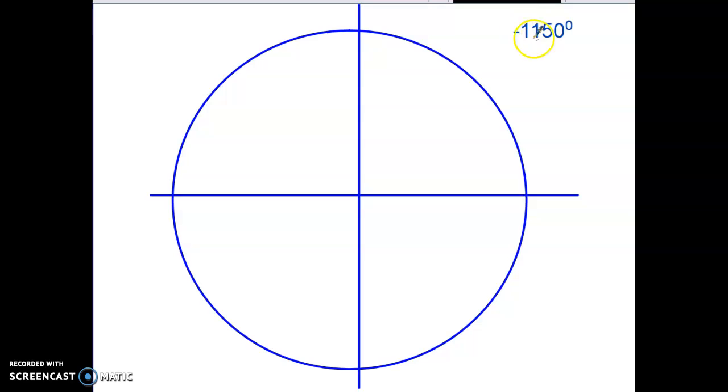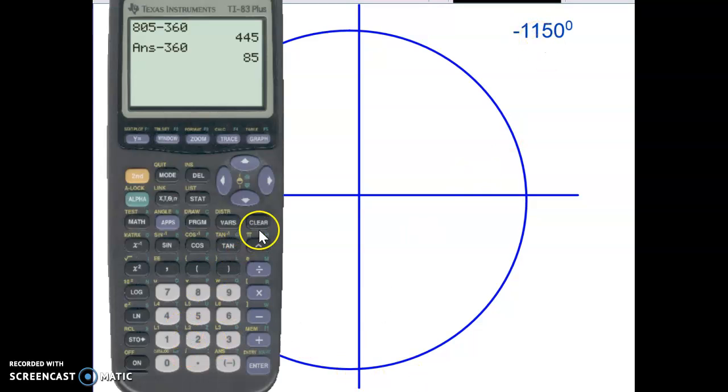All right, how about this one? Negative 1,150. Okay, let's use the same logic. So I'll put in there negative 1,150. And I'm going to add 360, one less trip in the negative direction. All right, negative 790. I'm still not within 0 and negative 360, so I'll do it again. Plus 360.